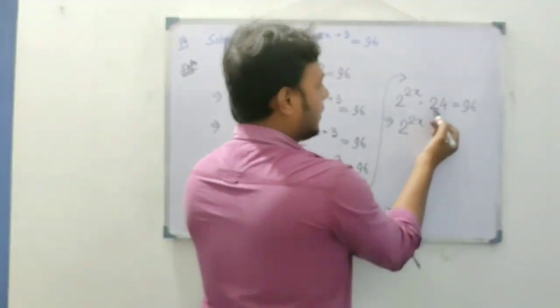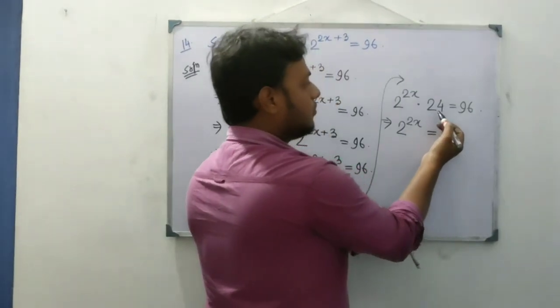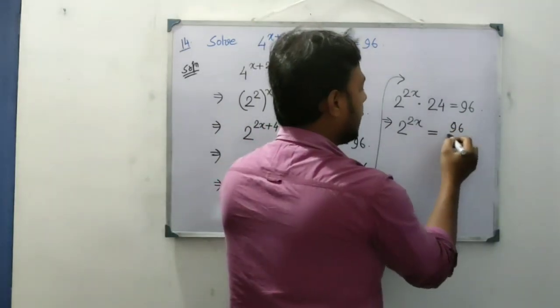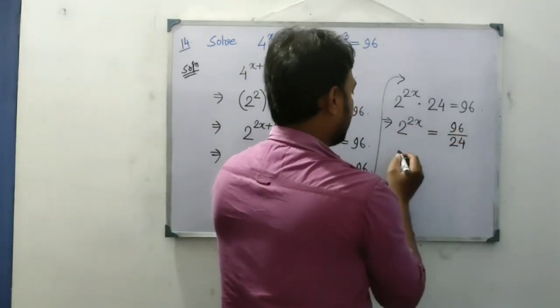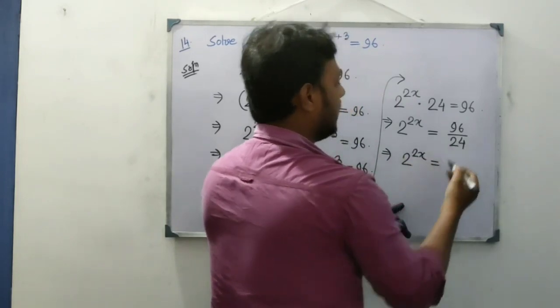Since 24 is in multiplicative form, it will be division if we consider it on the other side. So 2 to the power 2x equals, after cancelling out, you will get 4.